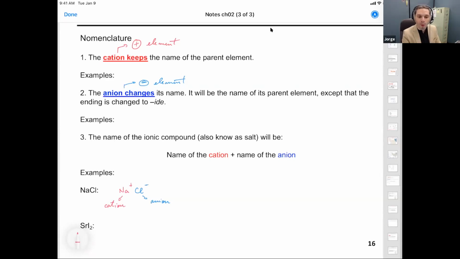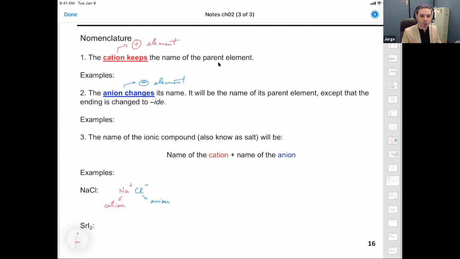You will always write positive followed by the negative. Okay, so you always write first the positive and then followed by negative. And Brandon, yes, all ionic compounds are called salts.